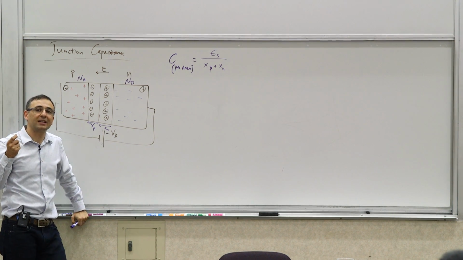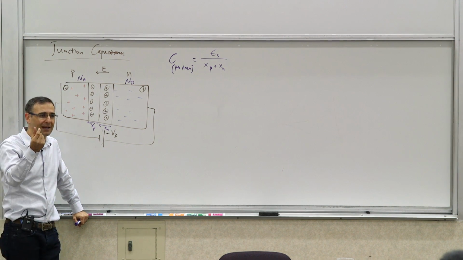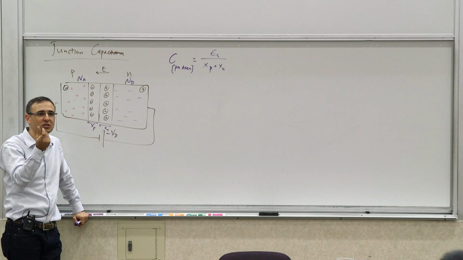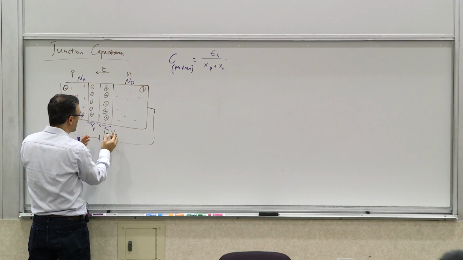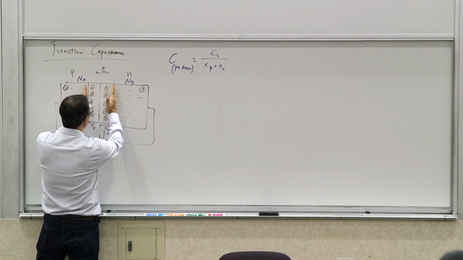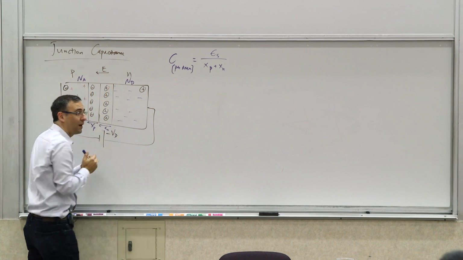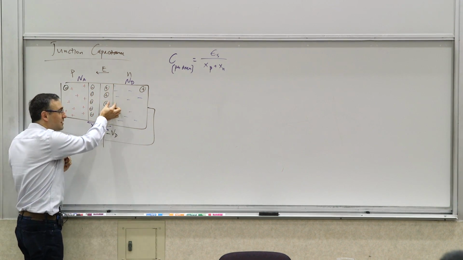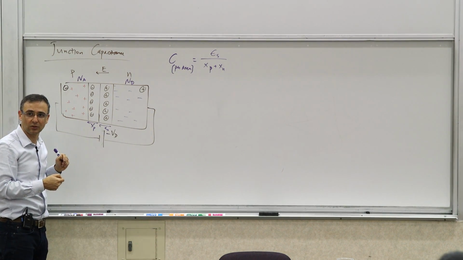So this is what we call a small signal capacitance. It's an incremental capacitance. It's capacitance as far as small changes in the voltage are concerned. So if I produce a change in the voltage, the charge that goes in or comes out is produced by extension or shrinkage of the depletion region. So that delta in the charge is what's going in and out of these terminals.